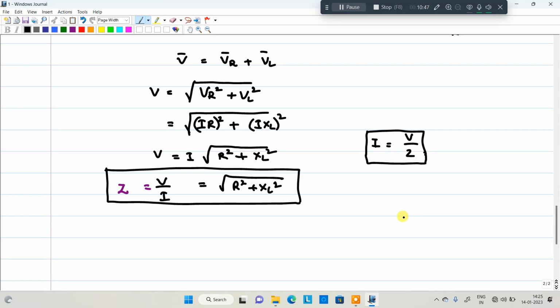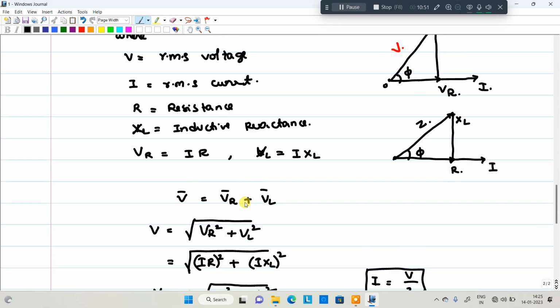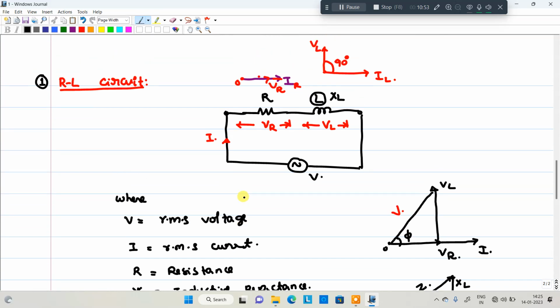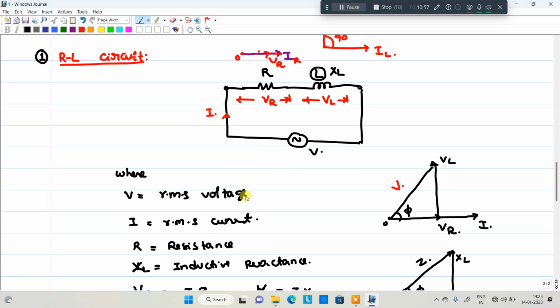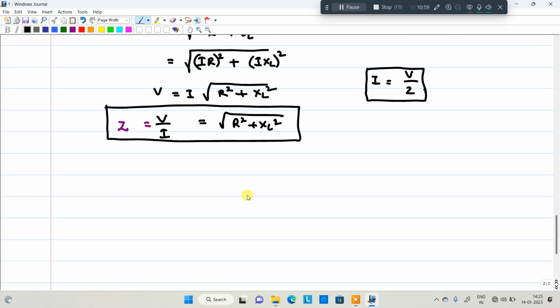Another important formula here, power factor. In case of an RL series circuit, you want to find out the power factor for this combination. The power factor is nothing but the cosine of the angle between. So I will tell you the power factor definition here. Everyone note down.